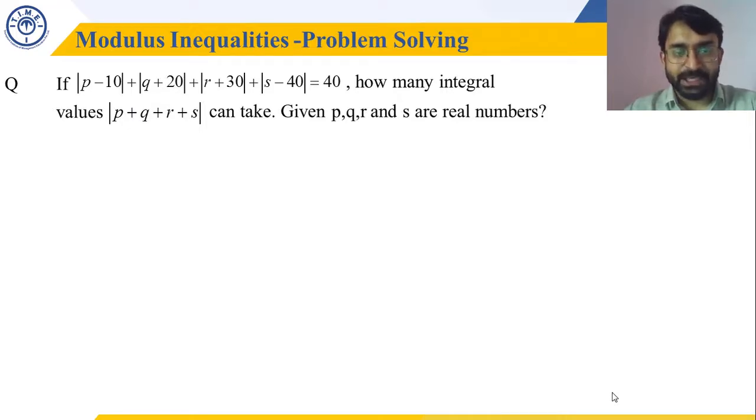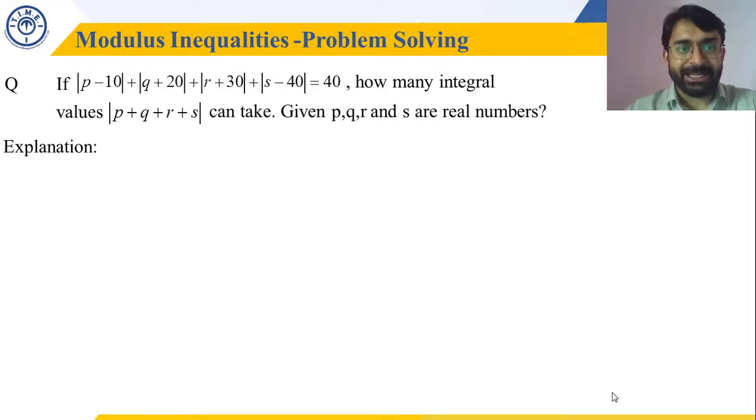Now if you observe this expression correctly, when we discussed properties of mod, we discussed one thing. Mod of X plus Y is less than or equal to mod of X plus mod of Y. Am I right?